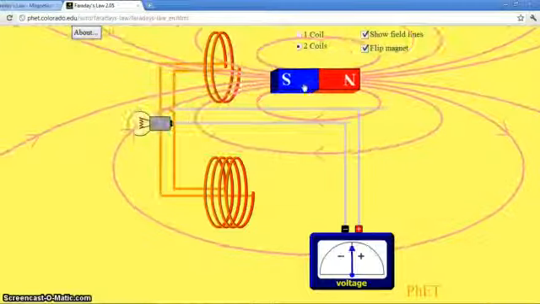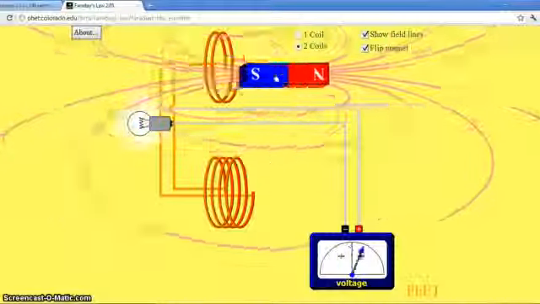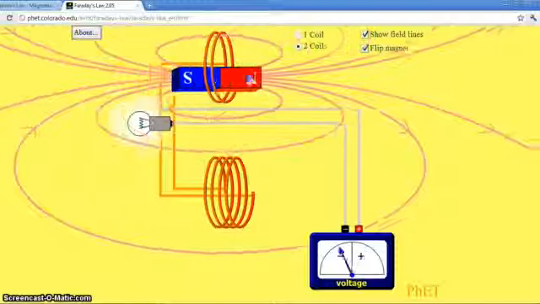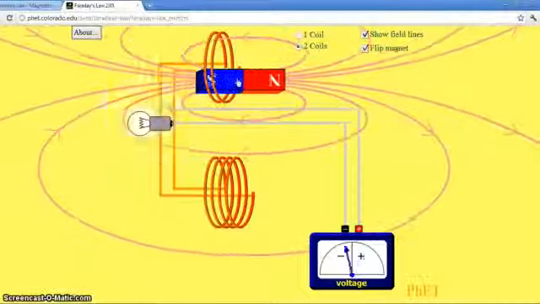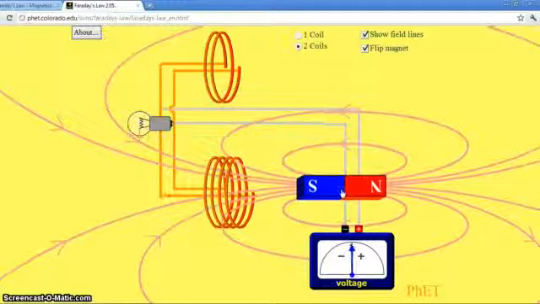The bulb is glowing, which means that the circuit produces an electric current, and this electric current can be explained with the help of Faraday's law. Here the flux is changing. When the flux is changing, the EMF gets induced in the coil or the conductor. Let us test in the second coil.